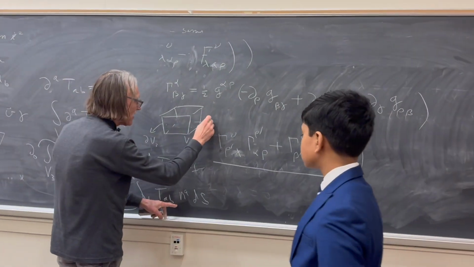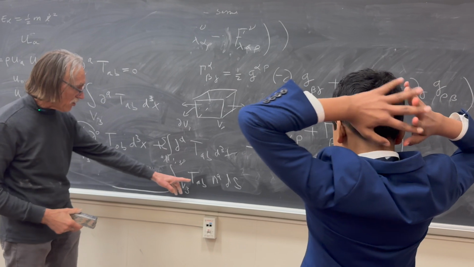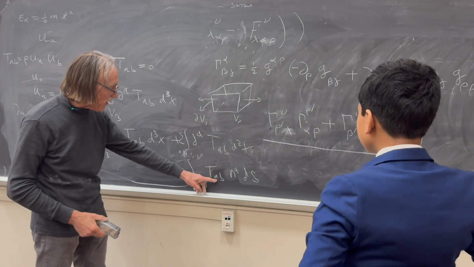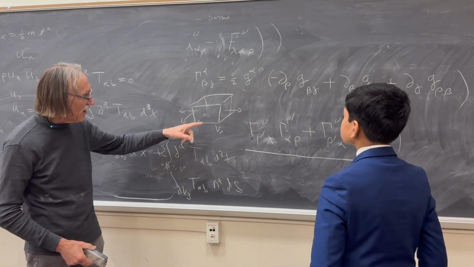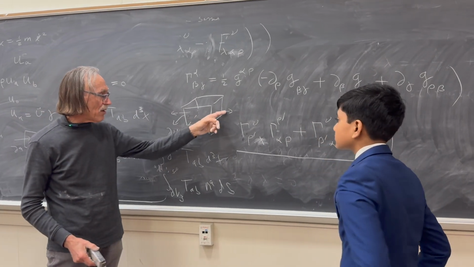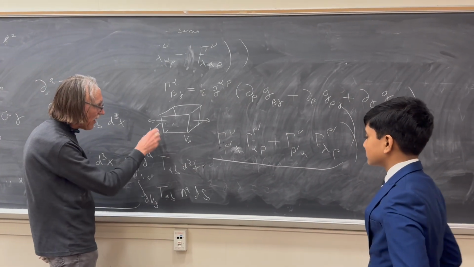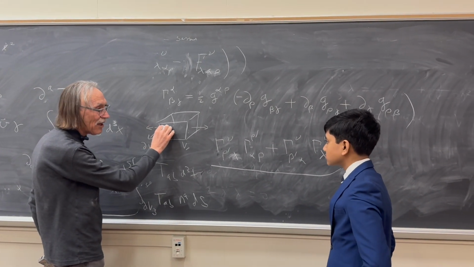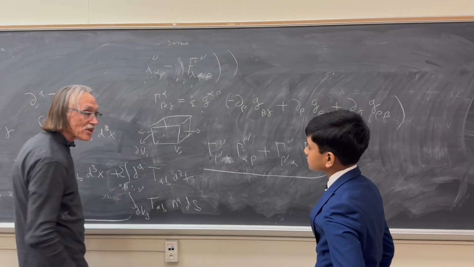The normal vector is this vector. So these are the normals. So what we do is we project this tensor on the normal, here with a minus sign, and here with a plus sign. And that is why this is the momentum that flows inside the box here and flows outside of the box there.